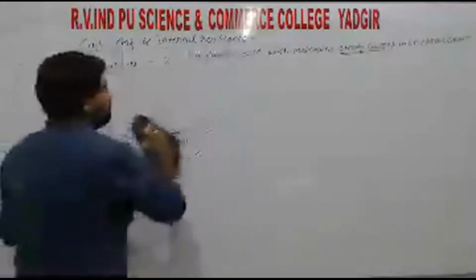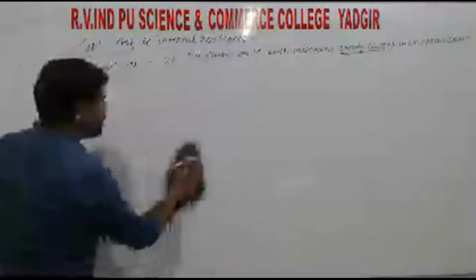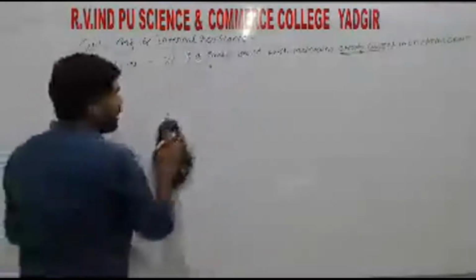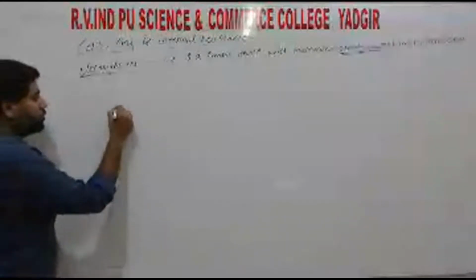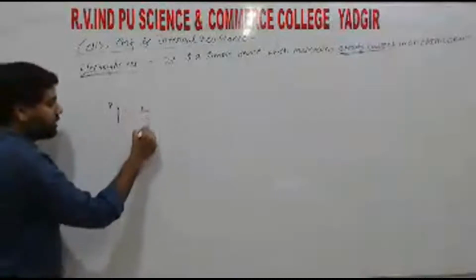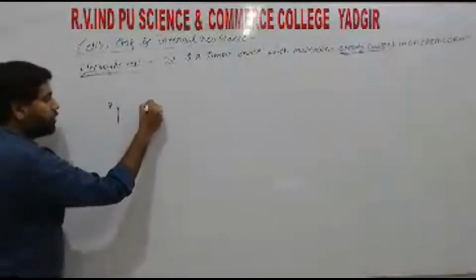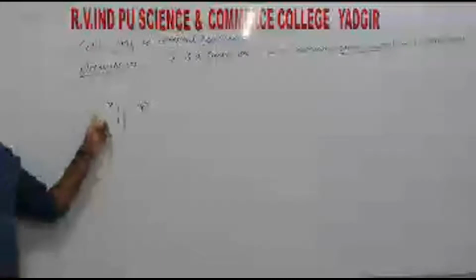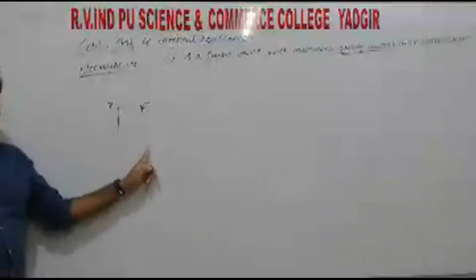So the cell consists of 2 electrodes. One is taken as the positive electrode and the other is taken as the negative electrode, right? So we define P for the positive electrode and N for the negative electrode.